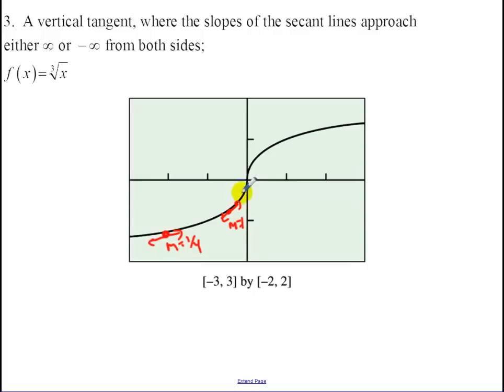This now is closer to 1, but as I get real close in here, its slope's getting closer and closer to the slope of a line that wouldn't exist. So the slope of each one of these tangent lines is getting bigger and bigger and bigger. A lot of times that's going to happen with cubic root functions, or say fifth root functions and functions like that.